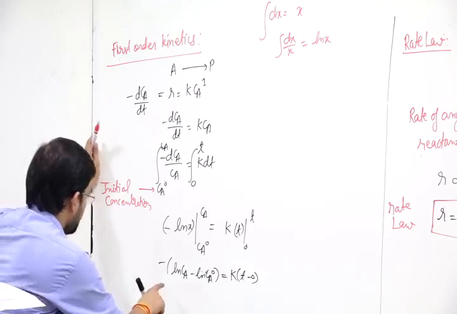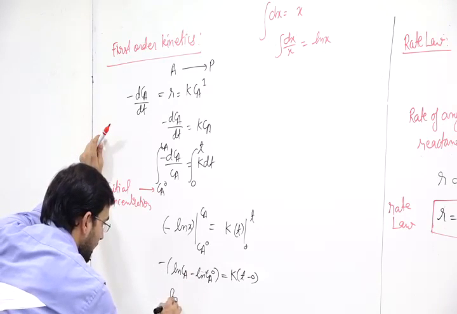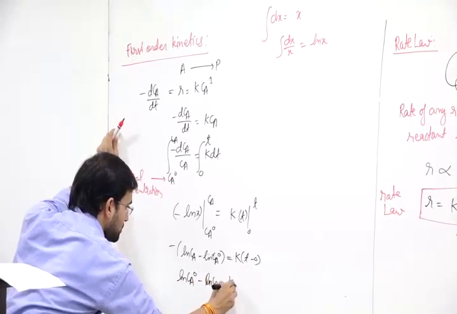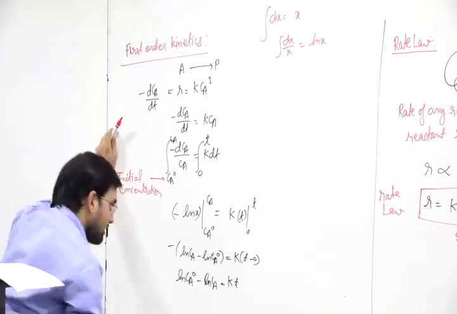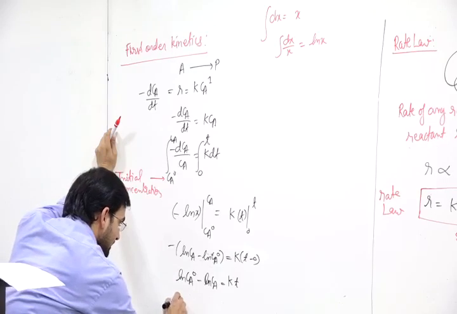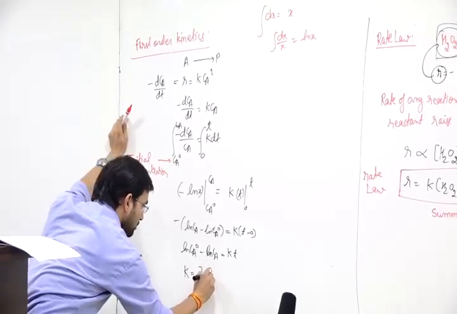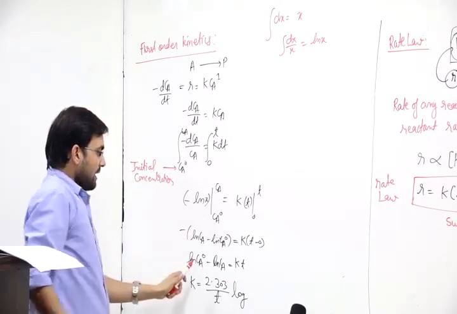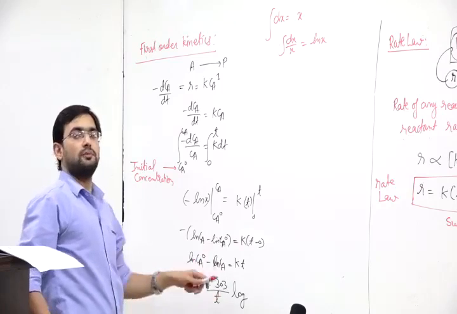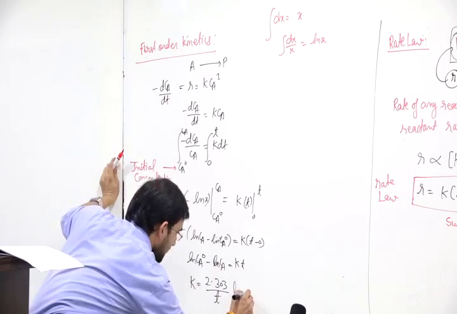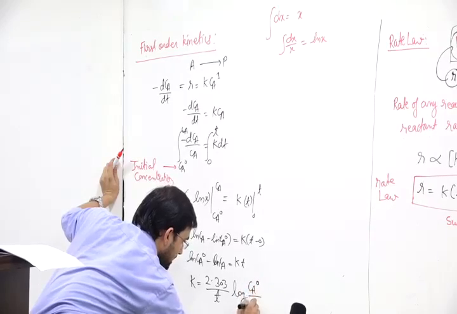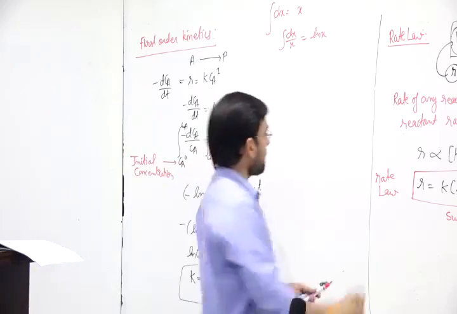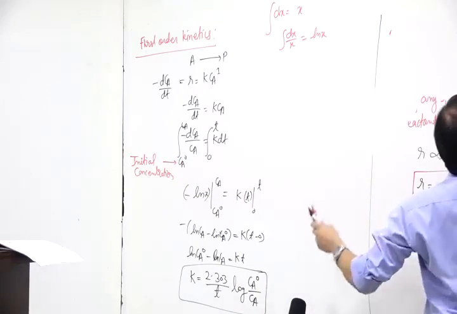Then I can take the minus inside, so ln Ca naught minus ln Ca equals kt. Correct? This could be written as k equals 2.303 by t log, since log m minus log n could be written as log m by n. So log Ca naught by Ca. Copy this.